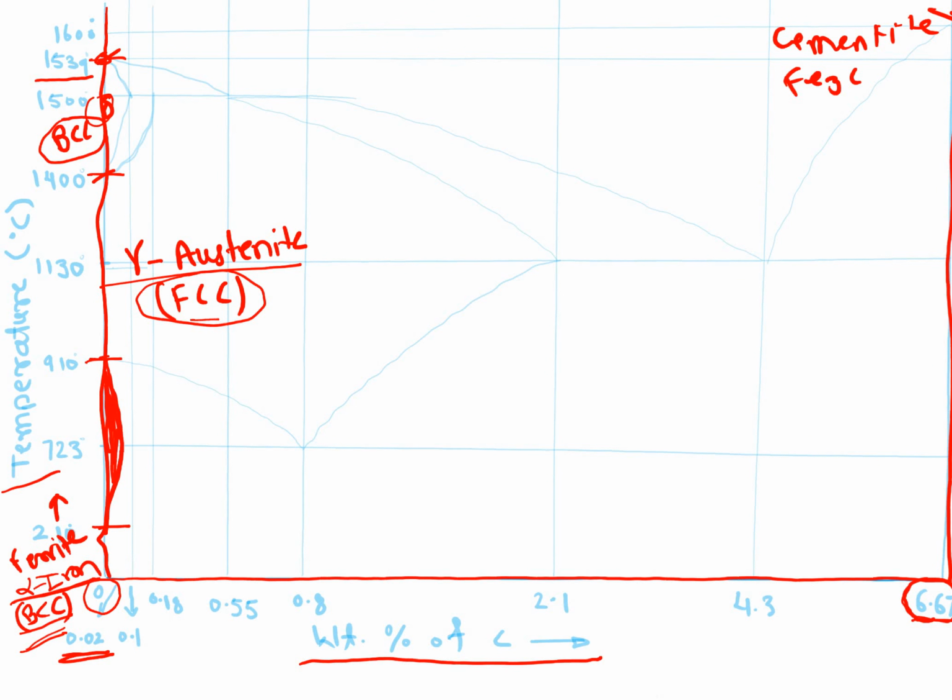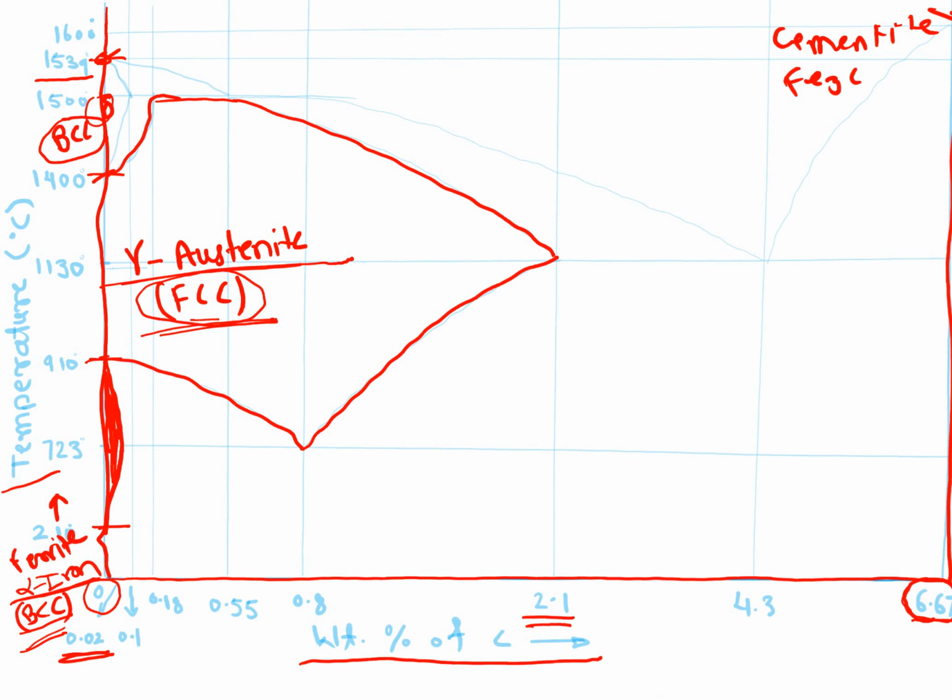Now we will dissolve carbon in gamma austenite, which has an FCC crystal structure. From the figure, the maximum is 2.1. I will draw it to show what region gamma austenite exists in.